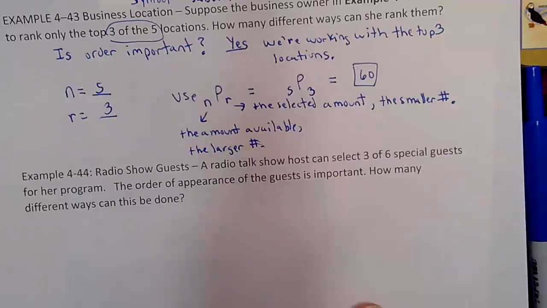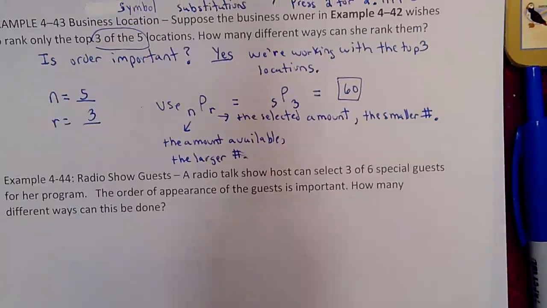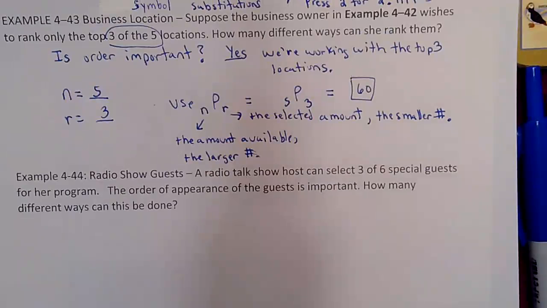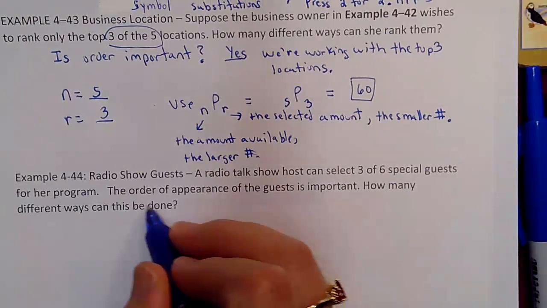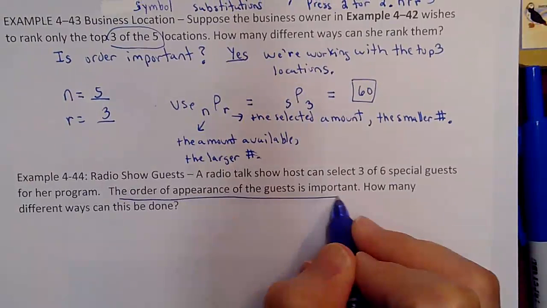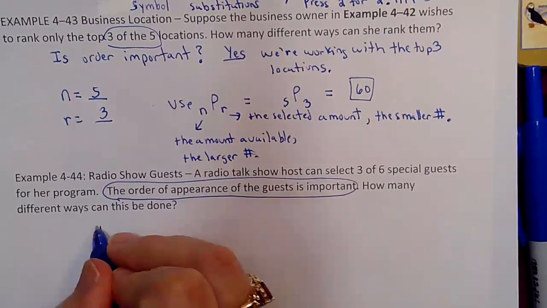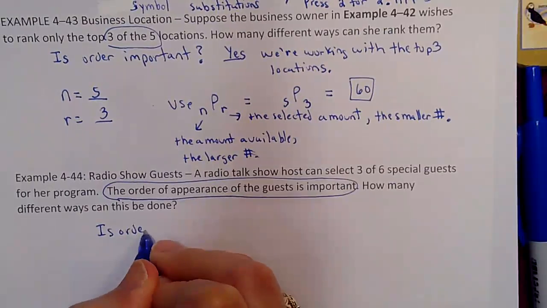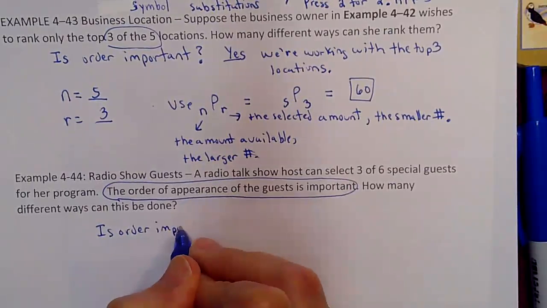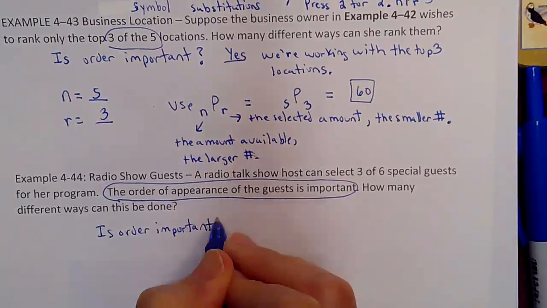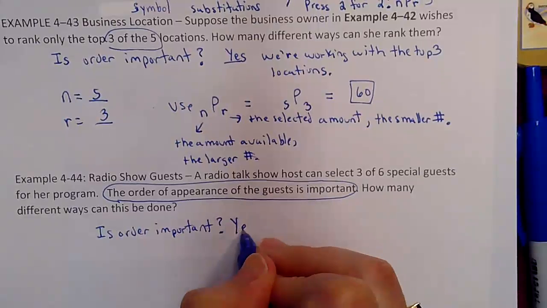The next one is also an example where order is important. Radio show guests. A radio talk show host can select 3 of 6 special guests for her program. The order of appearance of the guests is important. This is really nice. They don't always come out and say that, but it's very helpful when they give you these clues. When I ask you, is order important?